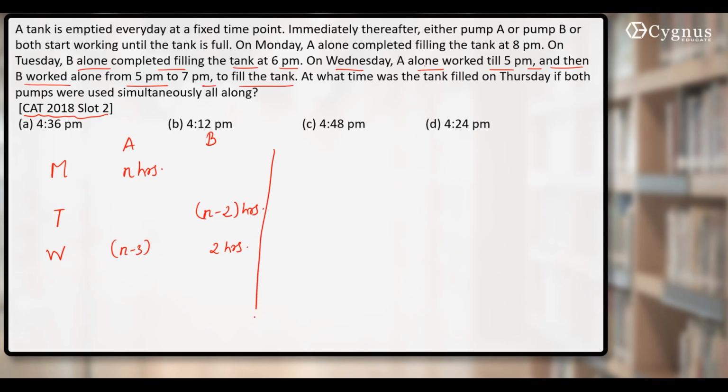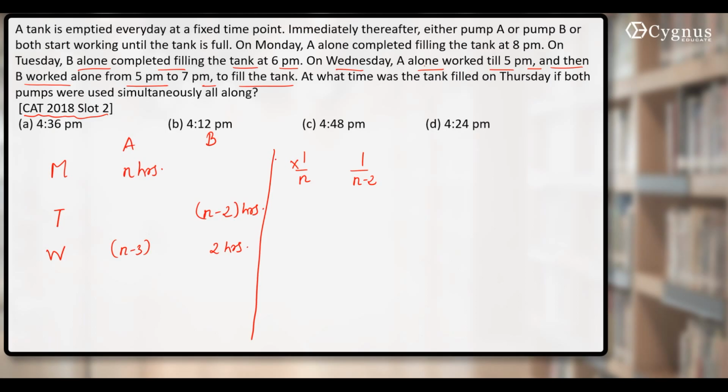Now, what's the conventional method here? Let's look at this. A alone can fill the whole tank in N hours, so 1 hour's work of A becomes 1 by N. B alone can fill the whole tank in N minus 2 hours. So 1 hour's work of B becomes 1 by N minus 2. On Wednesday, A will be working for N minus 3 hours.